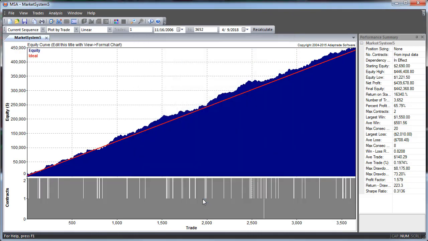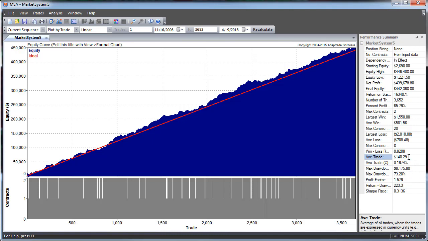So let's try that. Oh, so there we go. That works good. It's kind of the opposite. You increase as you have a winner, and so your net profit goes up by 100,000, and your drawdown only goes up by 600, and so your average trade profit is 140.